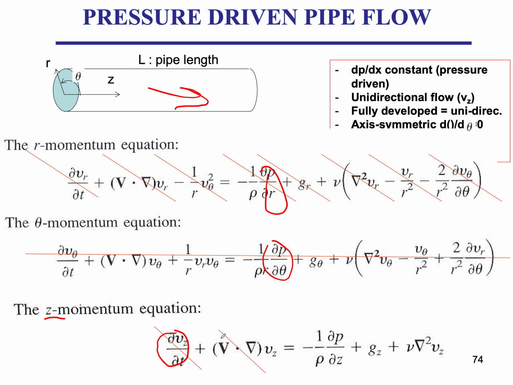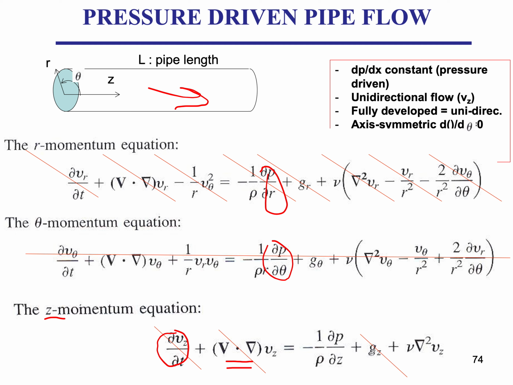If you spell this out, you'll find that it's identically equal to 0. And anytime you have a fully developed flow that is unidirectional, the convective derivative will be identically equal to 0. And this is the harder part of the equation to solve because it's nonlinear.